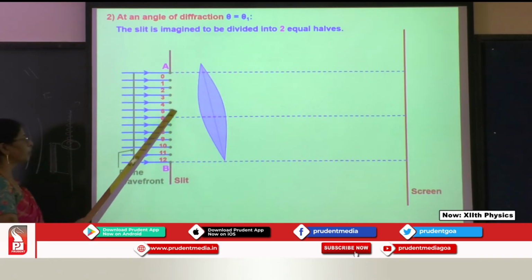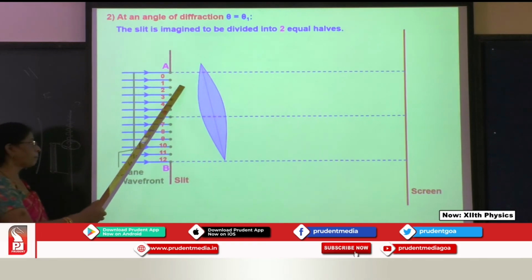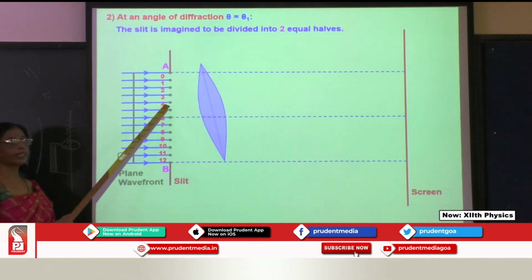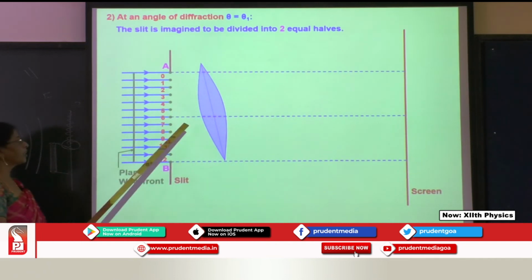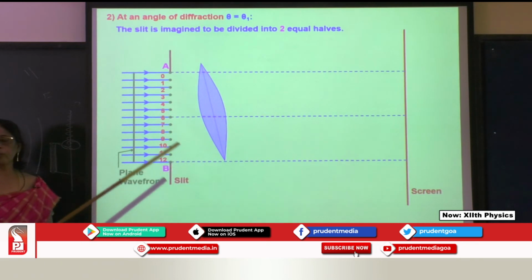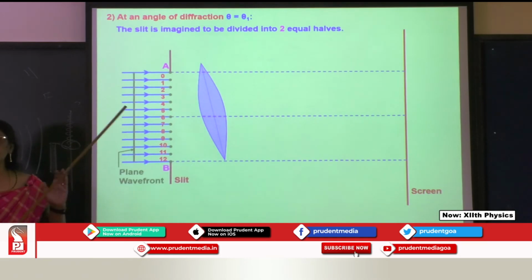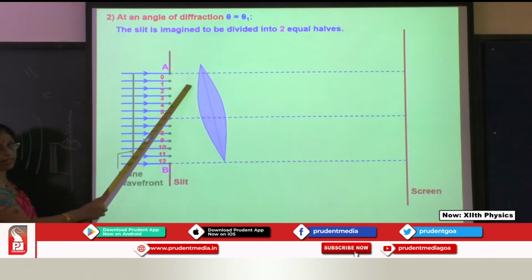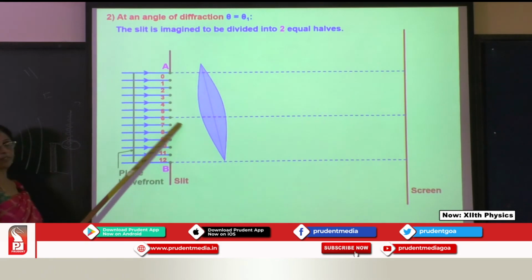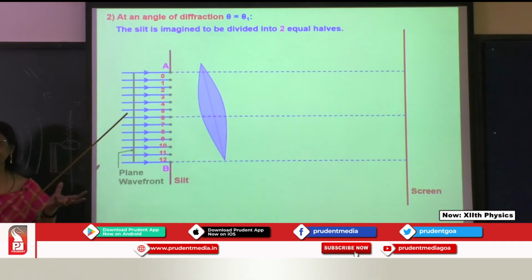But here they are divided into two parts. So lambda by 2 is the first part, all traveling lambda by 2. Here also lambda by 2. But when there is a division over here, what happens? They have a different phase. If one person is starting from the crest, I am starting from the trough, so there is a phase difference.